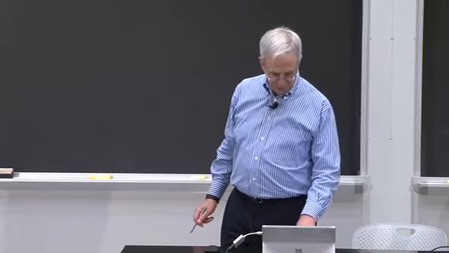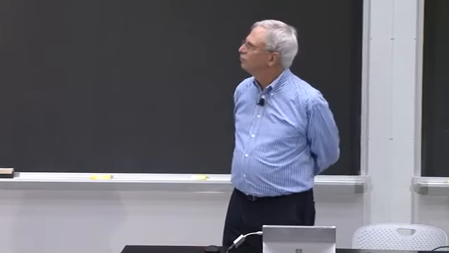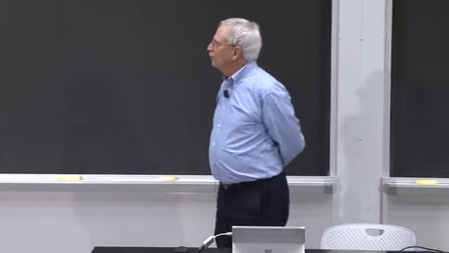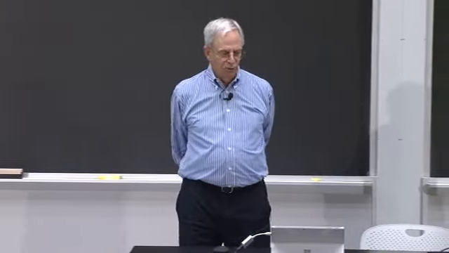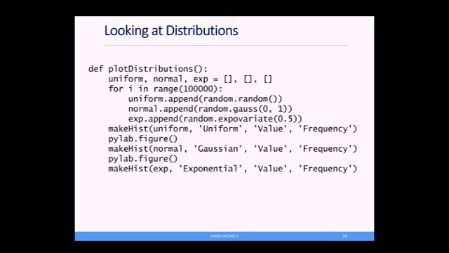Well, let's explore both of those questions. First, let's look at the distributions. We'll look at three common distributions: a uniform distribution, a normal distribution, and an exponential distribution. And we'll look at each of them for 100,000 points.